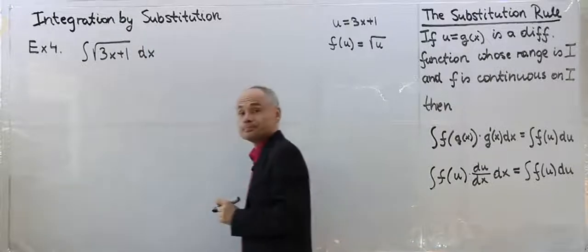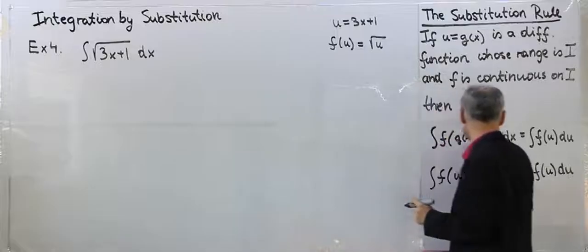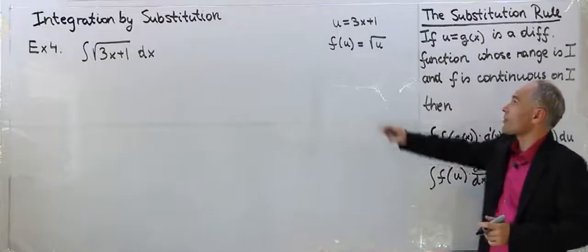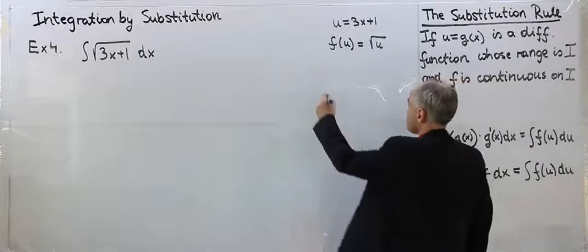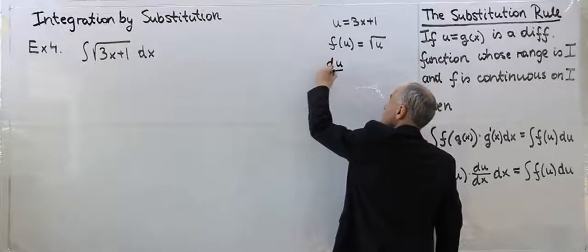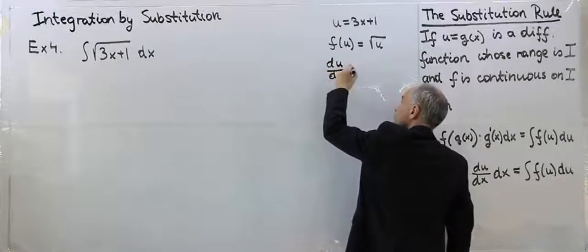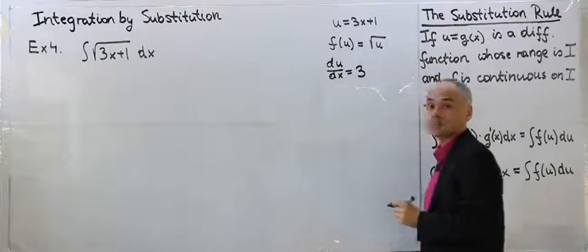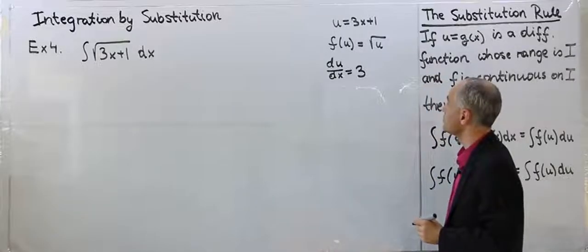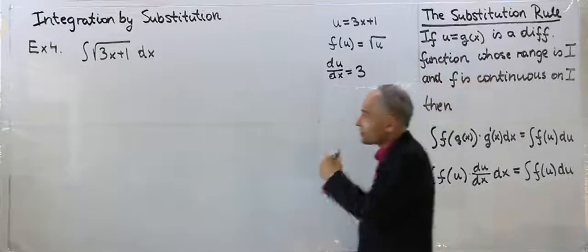So what do I need to do? I need to calculate the derivative of 3x plus 1. The derivative of 3x plus 1 is 3. So I don't have that in the integral.